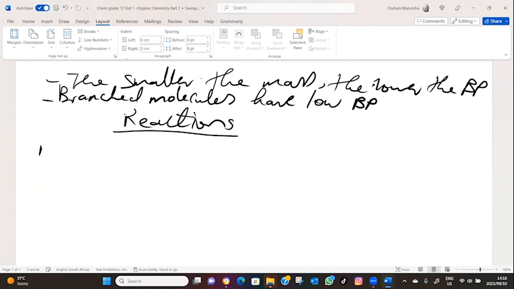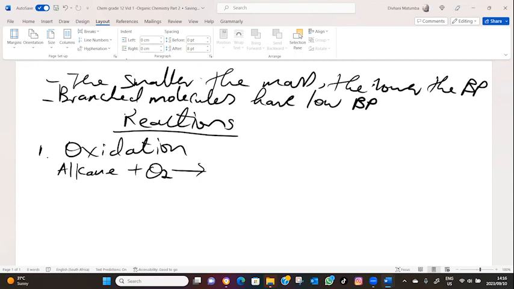The first type, the oxidation. As the name explains itself, if you take an alkane and add oxygen, you will get CO2 plus water, then plus energy.